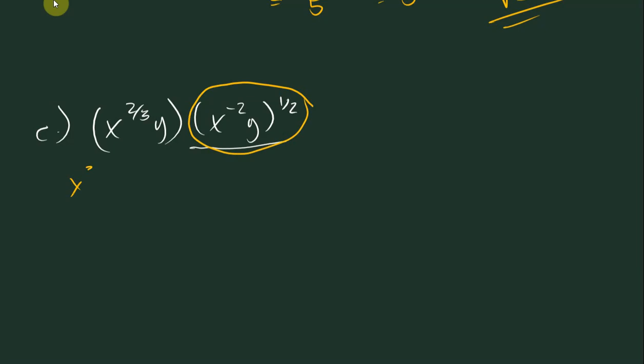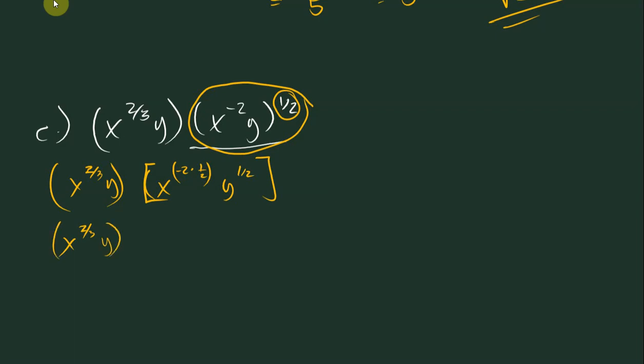Let's distribute this exponent. So x raised to negative 2 times 1 half, and then y raised to 1 half. The x exponent, negative 2 over 2, will be negative 1, and then y raised to 1 half.